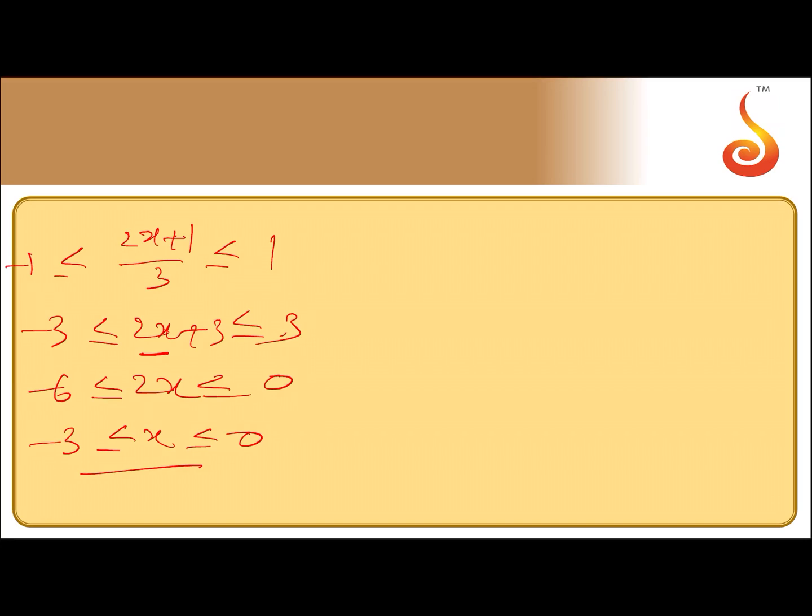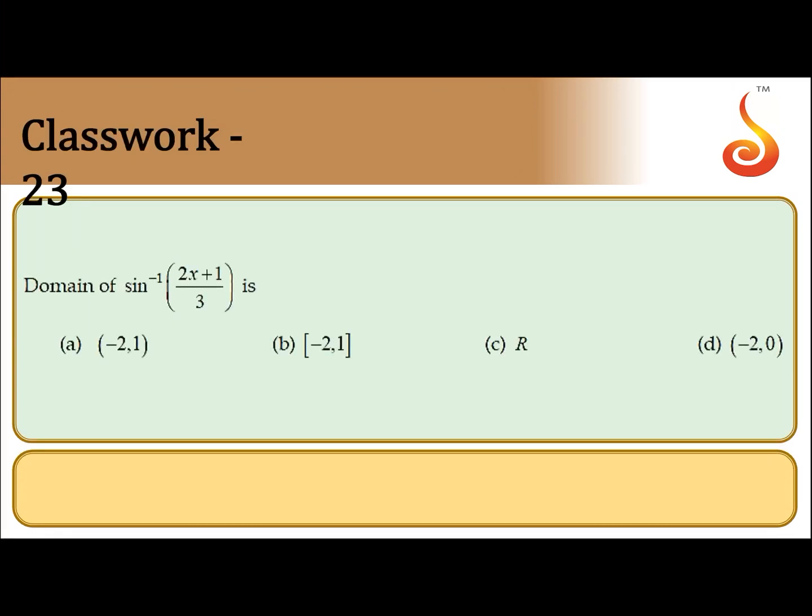Sorry, here it is plus 1. So minus 4 here and plus 2 here, dividing by 2 gives minus 2 and 1. So the answer for the problem is minus 2 comma 1.